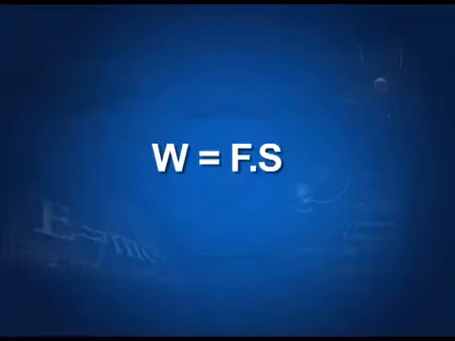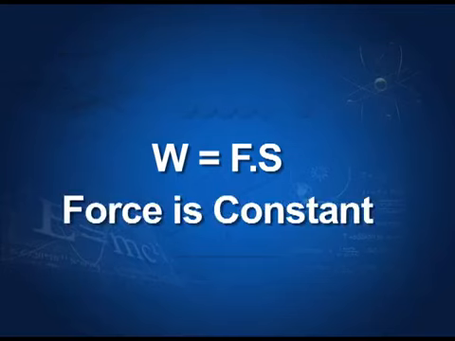So, let us start with force being constant and try and recall from our previous lesson our equation of work as the dot product of force and displacement, and we are saying that the force is constant. As we said, it could be constant or variable.